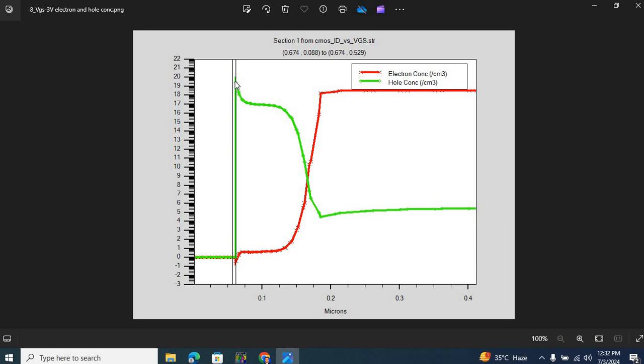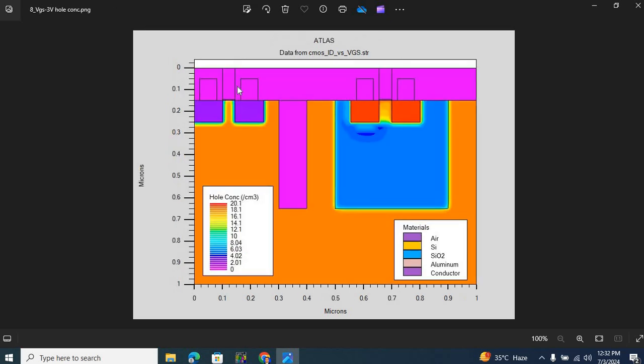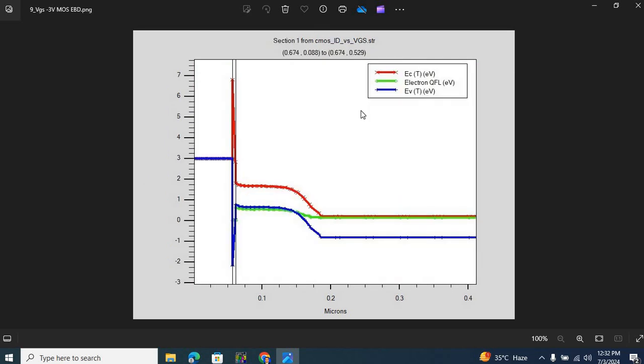When we apply low voltage to the gate for a PMOS, it's going to attract holes, forming the channel, connecting the drain with the source. So now we see the hole concentration is 10 to the power of 19, pretty high as compared to the thermal equilibrium one. Here is the hole concentration profile under biasing. Now you see that the drain is connected with the source.